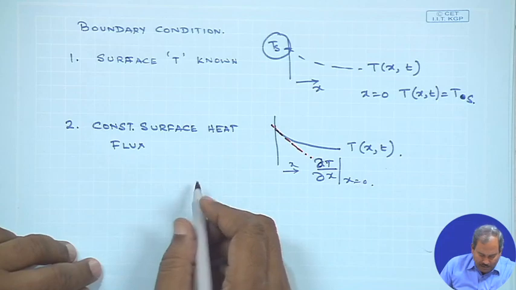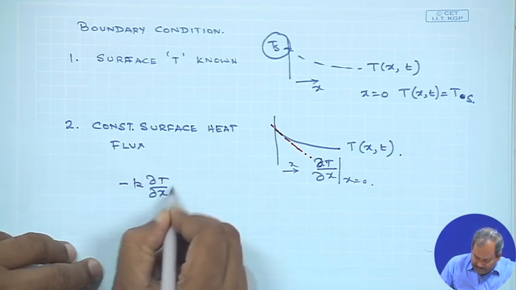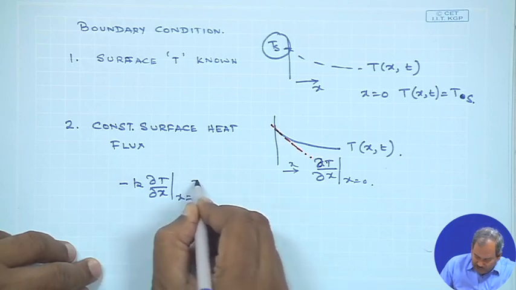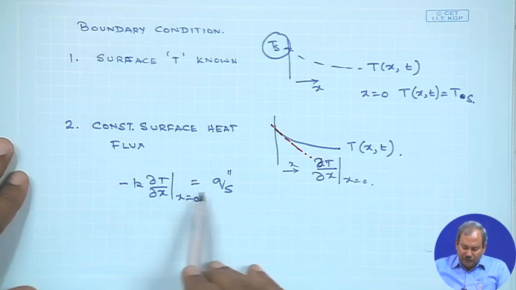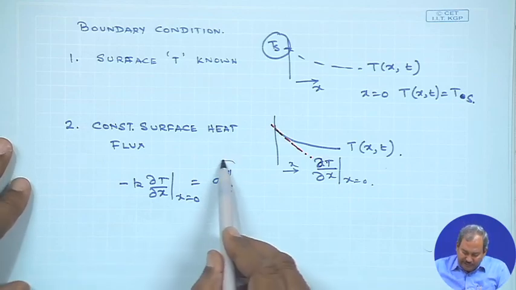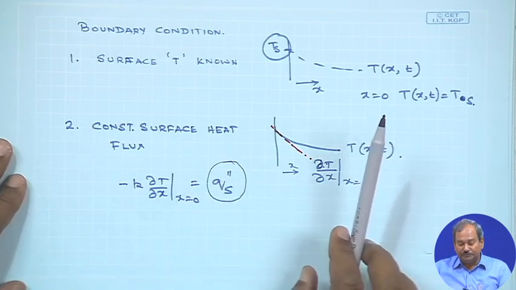If you multiply this with minus k, minus k del T by del x at x equals 0 is nothing but the heat flux at the surface. So, it could be such that this value of q dot double prime is provided to you.